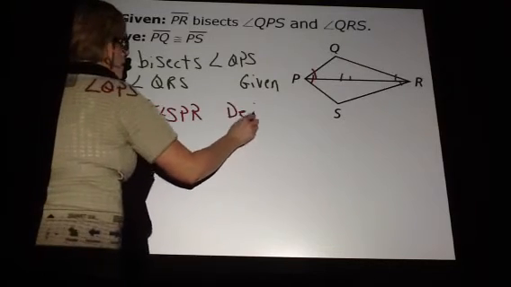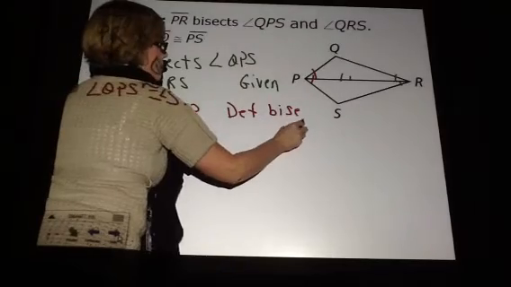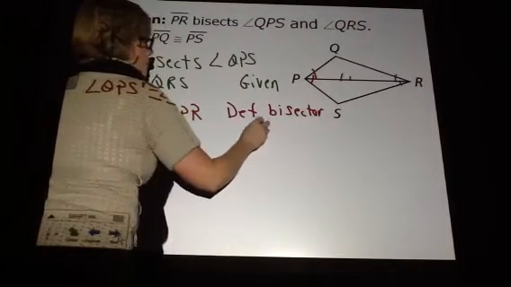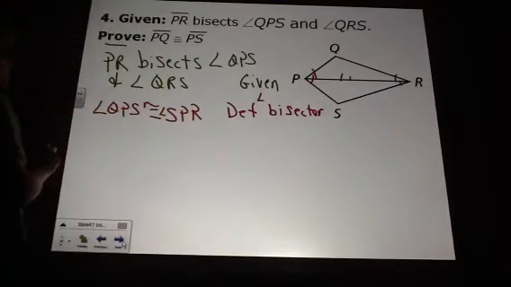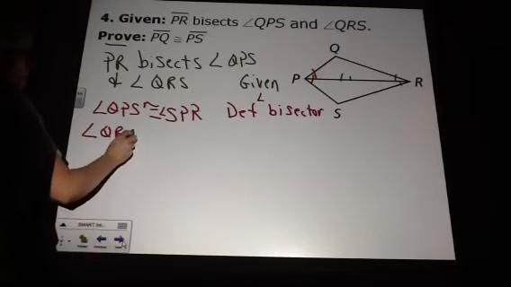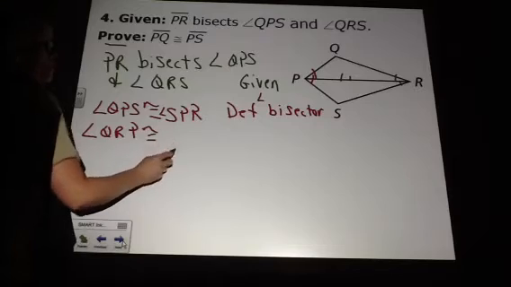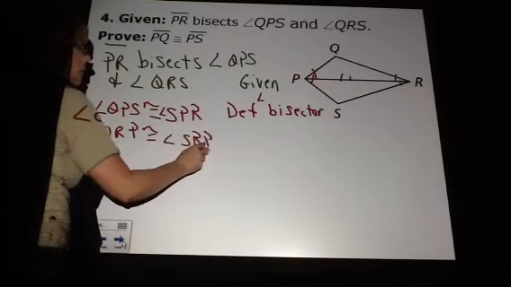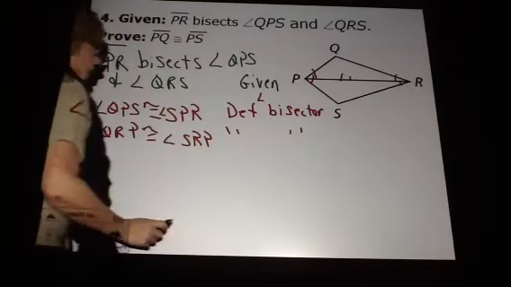That is your definition of angle bisector. Also, angle QRP is congruent to angle SRP, definition of angle bisector.